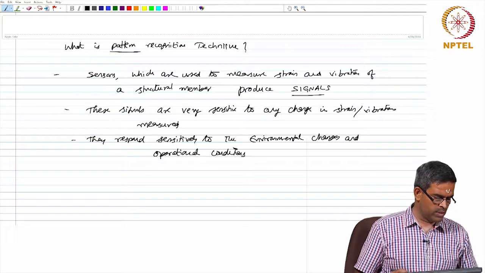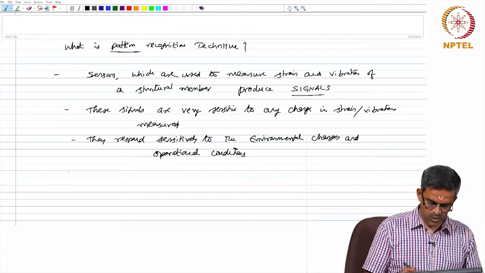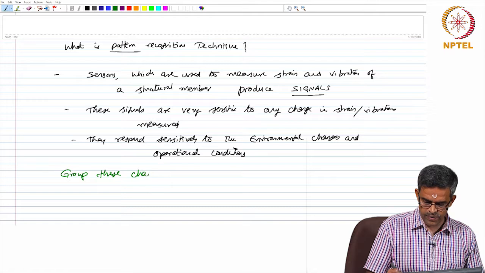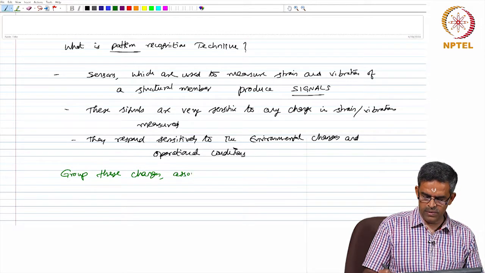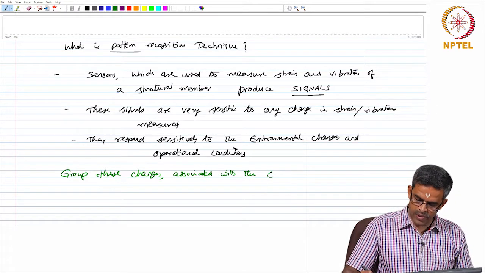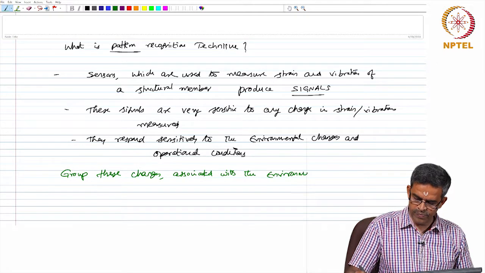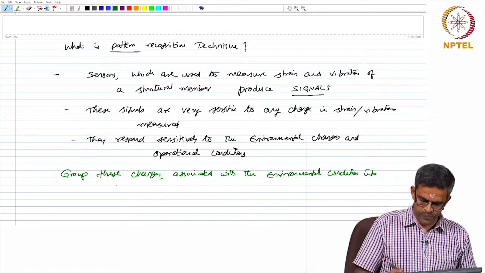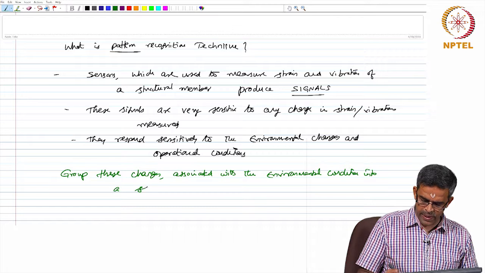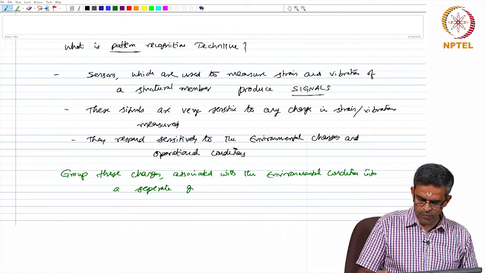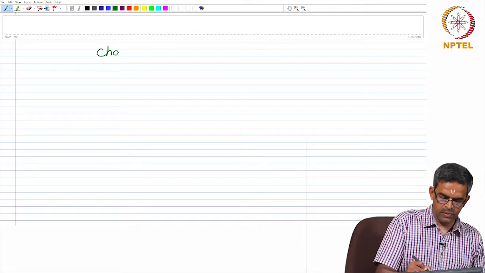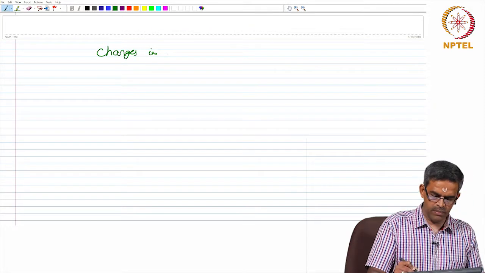So, what we actually do is we try to group these changes associated with the environmental conditions into a separate group of data, that is changes in measurements.